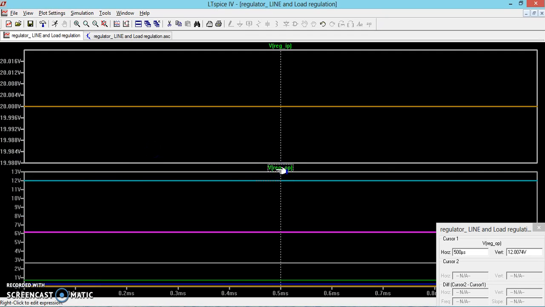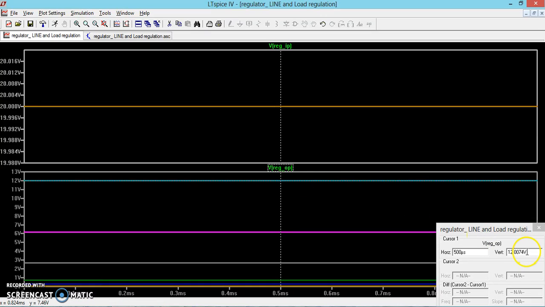So if I click on the regulator output, since it is swept for different values of resistance starting from 1K, 100 ohm, next 10 ohm, 7, 5, 4, 2, 1, 0.1, that's why we have different output voltages. You can use the arrow key and go from one curve to another curve.